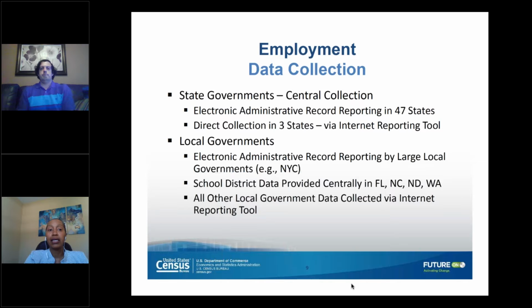All other school district data is obtained through our internet reporting tool. If you are aware of an administrative record that's available that we could use, definitely let us know. That will help because then we don't have to send the forms out to collect the information using our internet reporting tool.